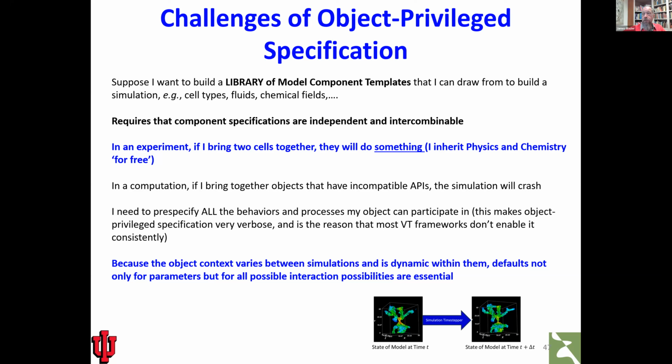And so in general, if I tried to bring two objects together, even two objects that were defined within the same modeling environment for different purposes, they're going to have incompatible APIs. They're going to assume certain information is available to them that's not going to be made available, and the simulation is going to crash. And so I have to pre-specify all the behaviors and processes that my object can participate in. That's quite verbose, and that's why most VT modeling frameworks don't do it now.